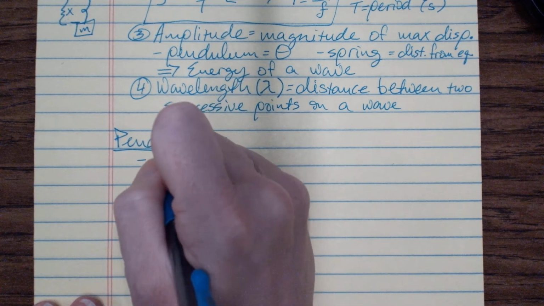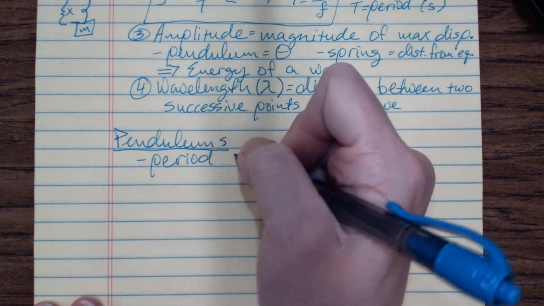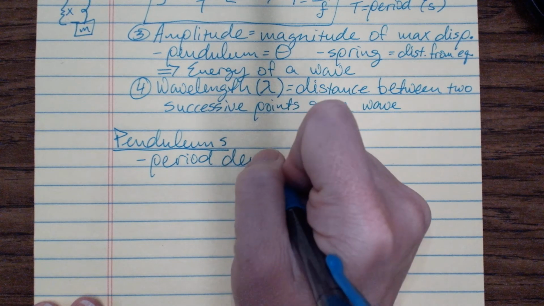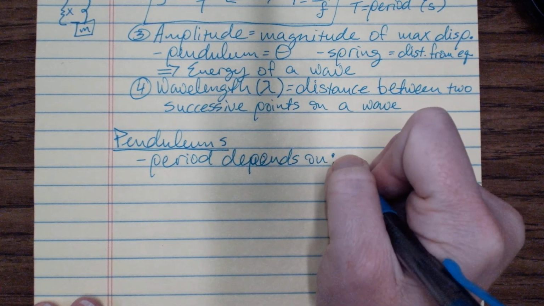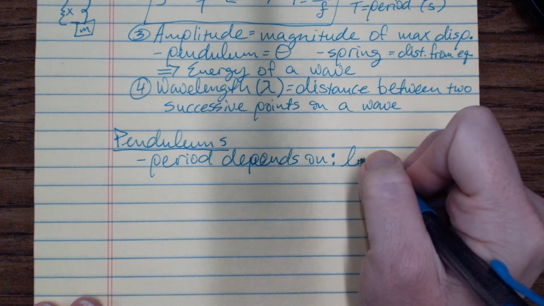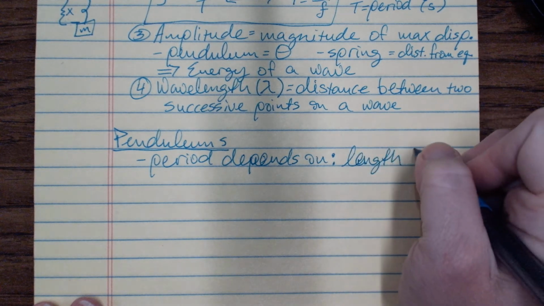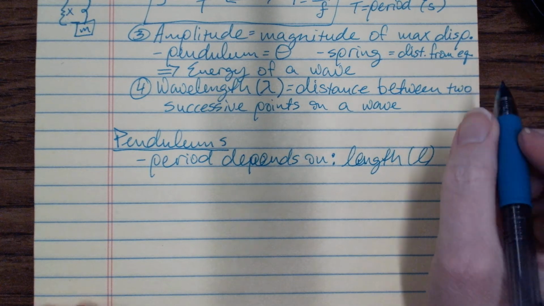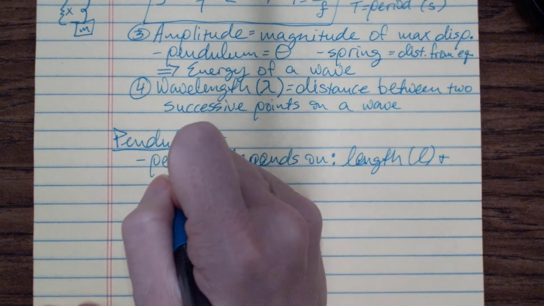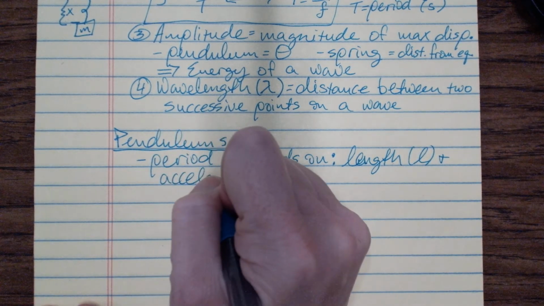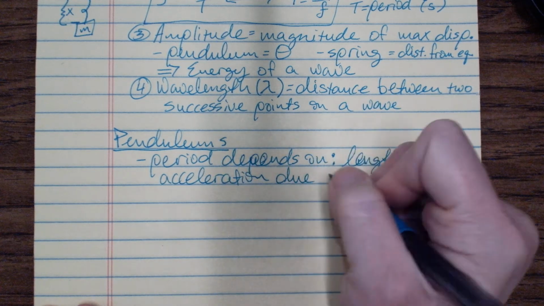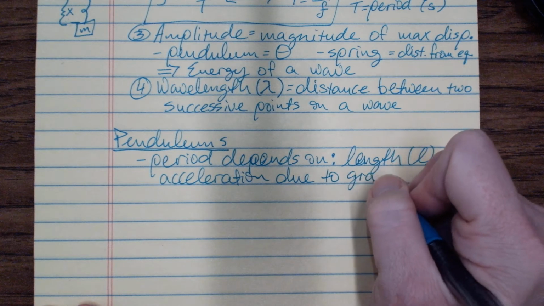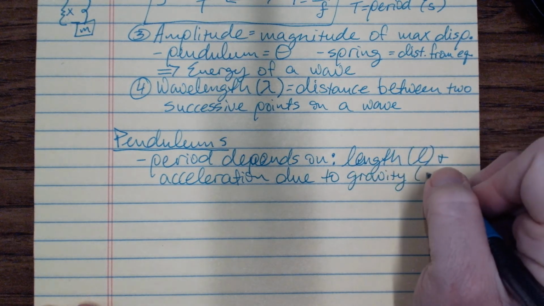The period depends on length, which is denoted by a lowercase l, and acceleration due to gravity, which is denoted by a lowercase g.